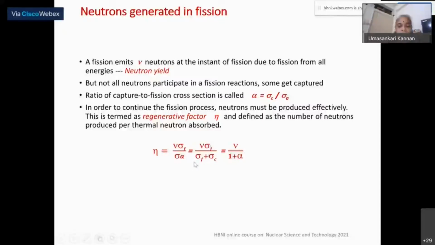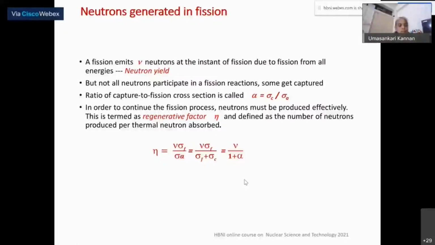This sigma A can also be written as sigma F plus sigma C if we consider absorption to consist only of fission and radiative capture. So it can be considered to be sigma F plus sigma C in the denominator. So this eta will reduce to nu by 1 plus alpha, where alpha is, as I have told you, sigma C by sigma F. You have to understand there are two distinct neutron numbers here.